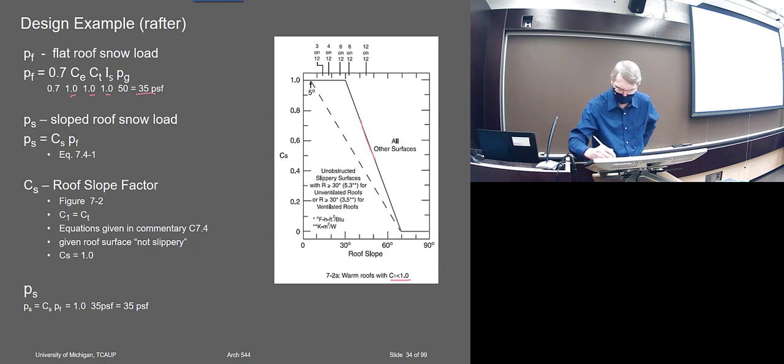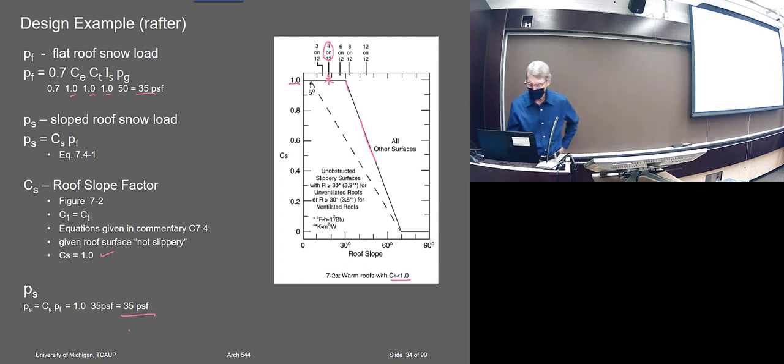Okay, it would be this roof here. And the slope is 4 on 12. So there's where we are on that graph. So CS is 1.0. All right. So that keeps it at 35 then. Okay, CS didn't affect it.